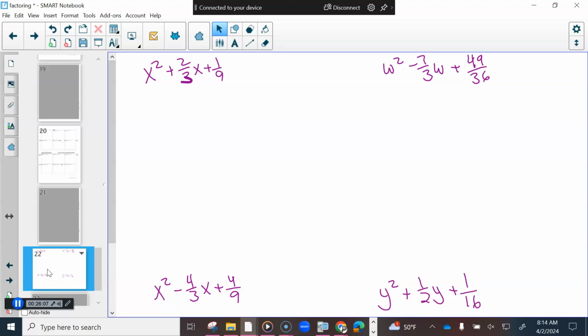What you could have also done, now this is a shortcut way, really quickly, if you see something like this and you're thinking, what two numbers would multiply to be 1/9 but add to be 2/3? That would be 1/3 and 1/3. If I multiply these two, I get 1/9. If I add them, I get 2/3.